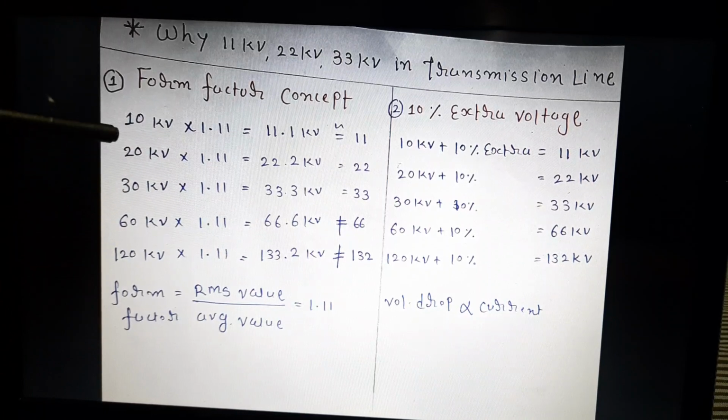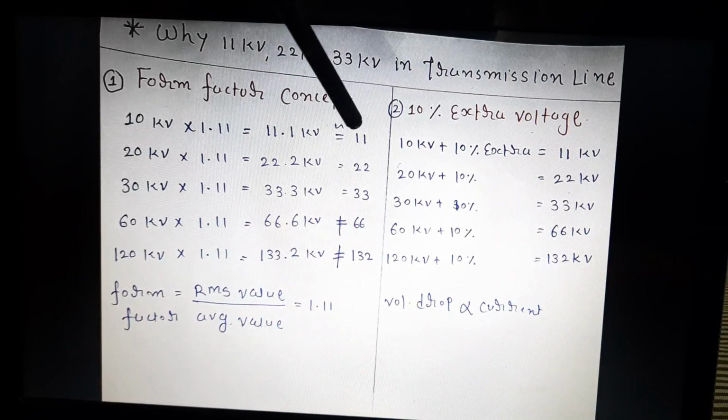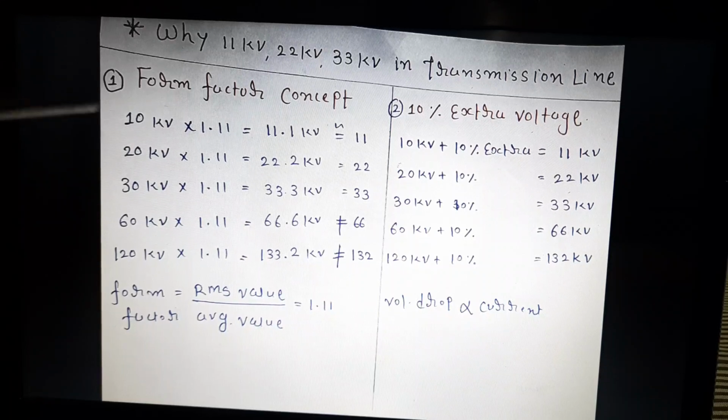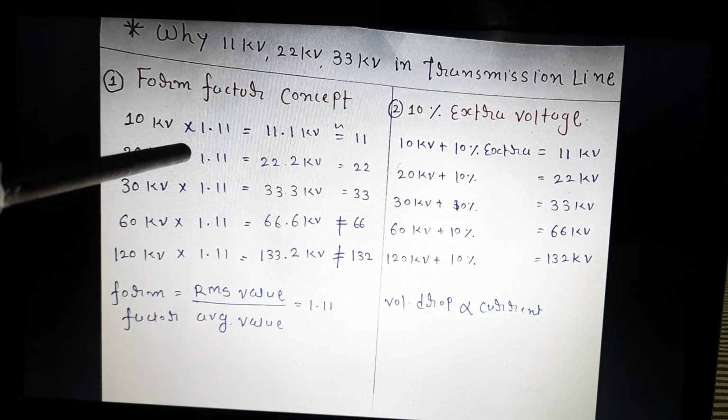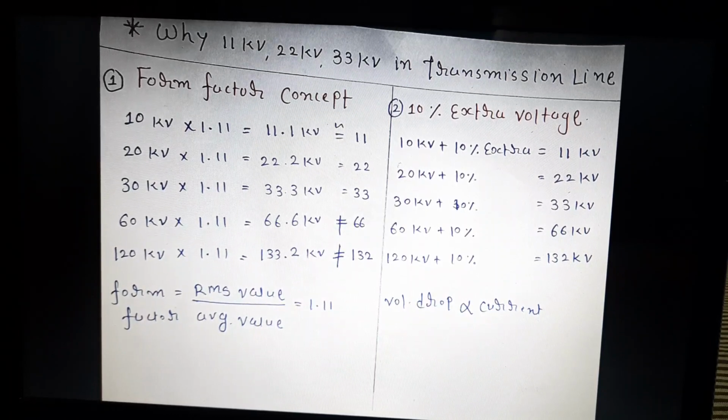So look here, these are the 10, 20, 30, 60 and 120 kV voltage levels. If we multiply 10 kV by this form factor 1.11, then we will get 11.1 kV, which is approximately equal to 11 kV. Like that, if we multiply 20 kV by 1.11, we get 22.2, approximately equal to 22 kV.